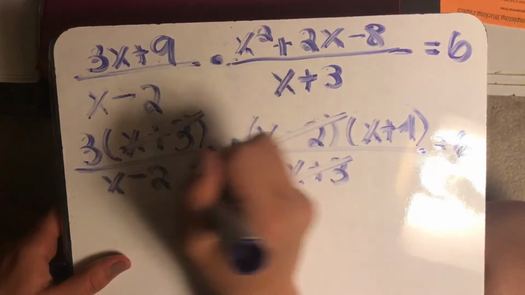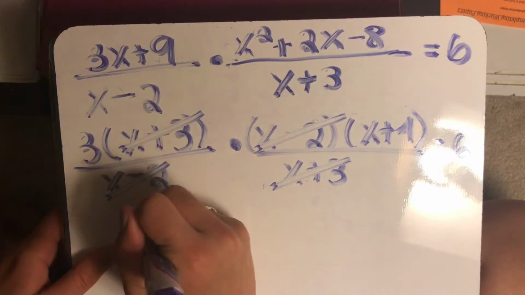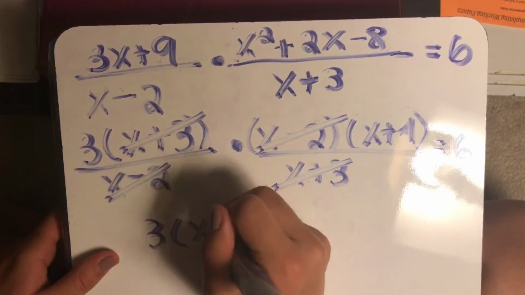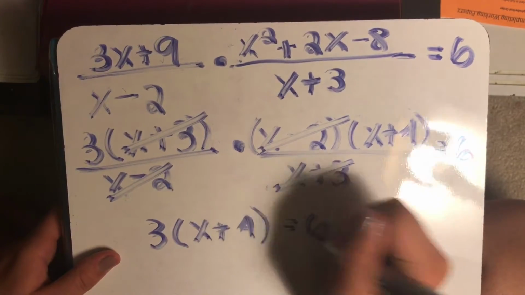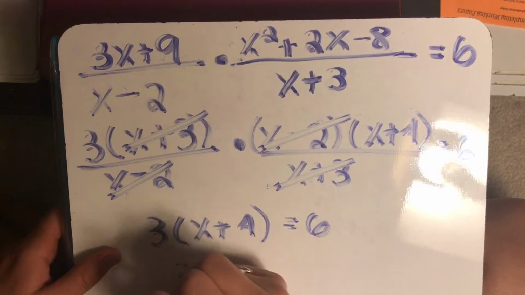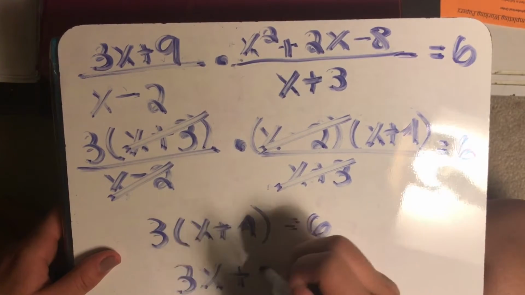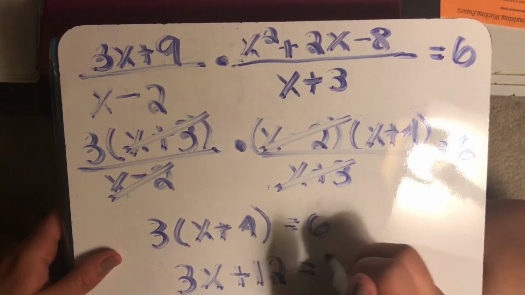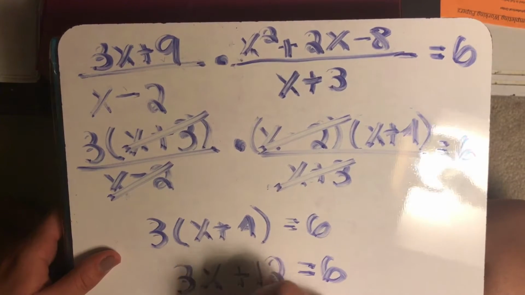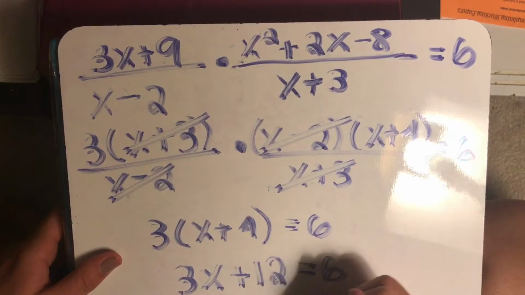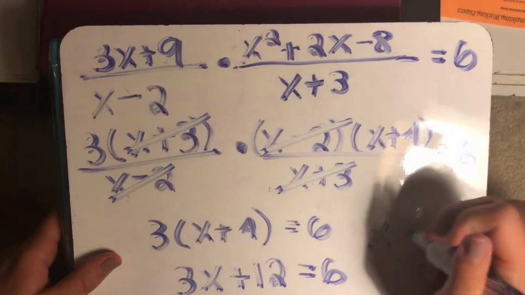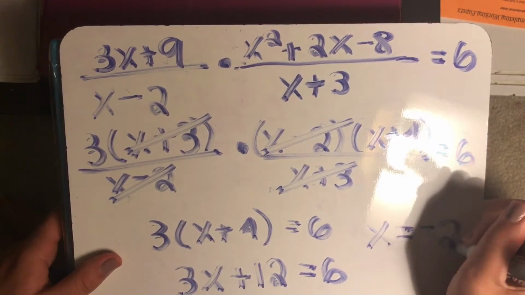X plus 3 cancels out, x minus 2 cancels out, and you're left with 3 times x plus 4, which equals 6. Now if you multiply that out, you get 3x plus 12, which equals 6. From there, you can subtract the 12 to the other side, and you're left with 3x equals negative 6, and the answer is x equals negative 2.